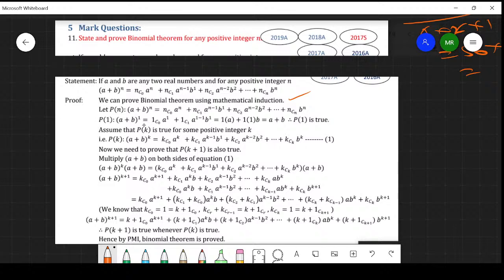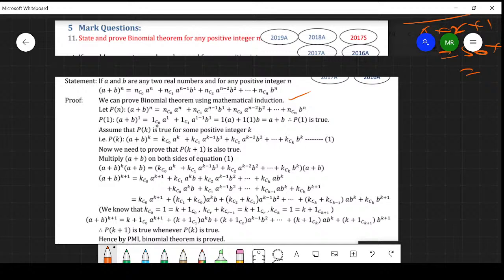You take P(1). So let P(n) be the given statement. What is P(1)? Replace n equal to 1 on both sides. (a plus b) whole power 1. You will get 1C0 a power 1, and 1C1 a power 1 minus 1 b power 1, that's all. You won't get other terms.